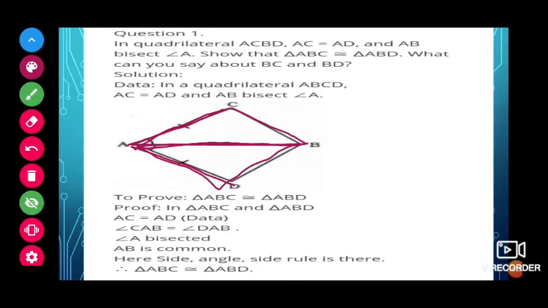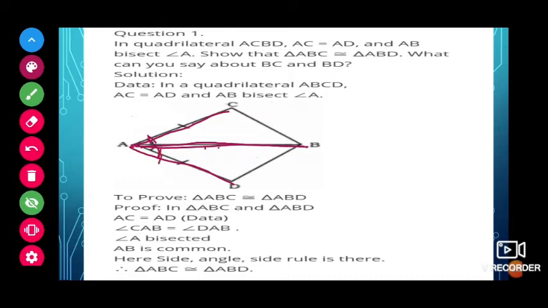Here we have the information, children. Two sides are equal. They have given that AC, this side, is equal to this side in these two triangles, and one more side AB. This is there for both the triangles, so this is common. So this side is also equal for both the triangles, and between these two sides there is an angle lying, that is also equal.